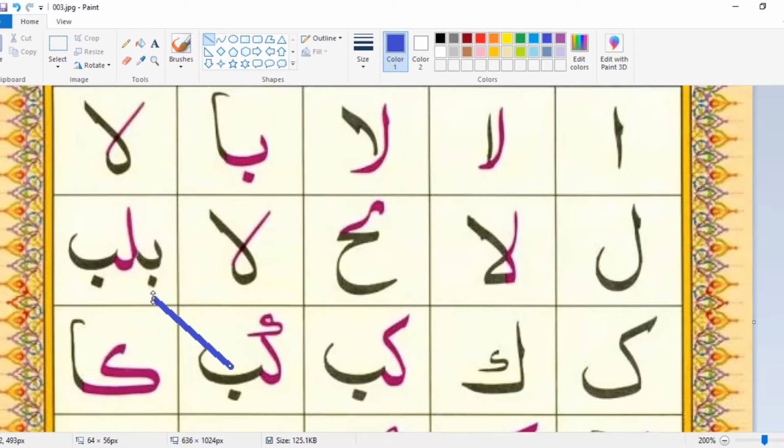Like ba, we are using the first half of ba, and lam, we are using the first half of lam. This is complete lam, but we are using only this part of lam. So this is the way to connect or unite 2 letters with each other.